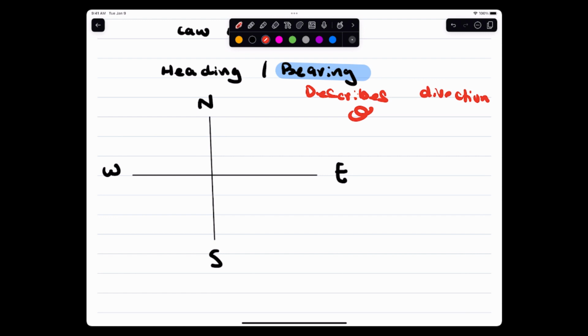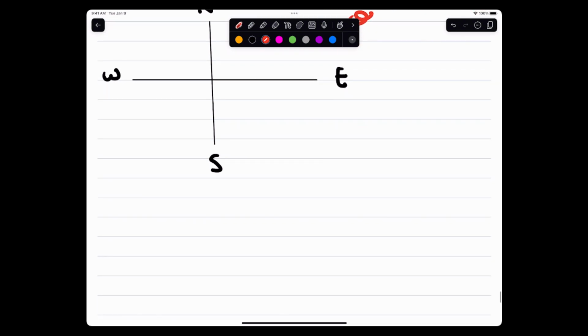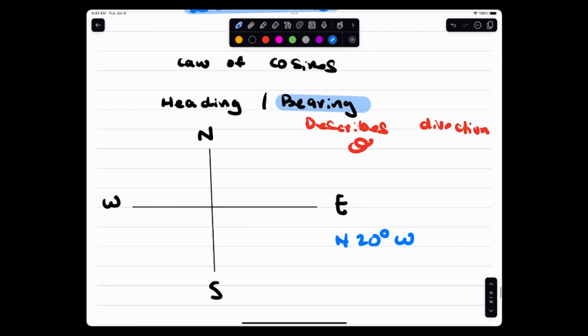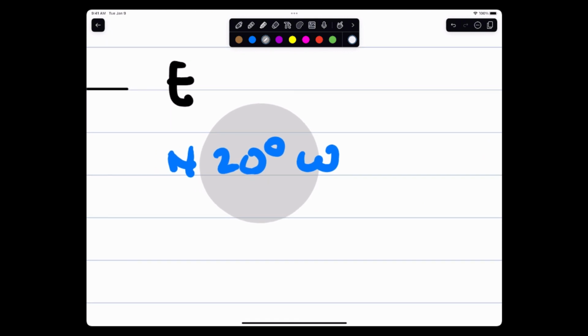So, all right, direction in terms of theta. So, for example, they're going to say to you, okay, where is north 20 degrees west? So they gave you that angle theta. Okay, so they're going to give you this angle, but they're going to give you instructions.